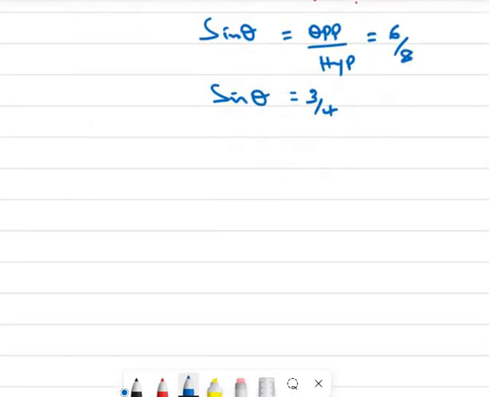From here, if you want to get theta, you just take the arc sine of 3 over 4. How do we press this on the calculator?